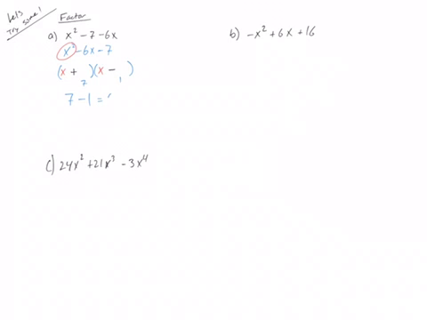That would give me 6, which is not what I was wanting. However, if I did 1 minus 7, that's what it would be like if I put the 1 here and the 7 here. That gives me negative 6, which is actually what I'm wanting. So then I'm going to write in the 1 and the 7 there.